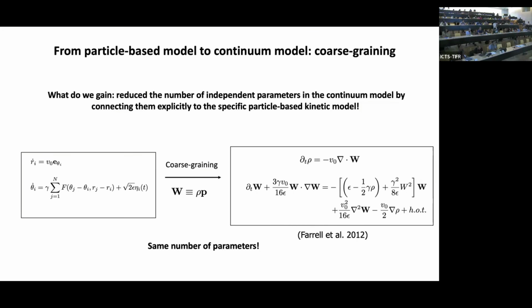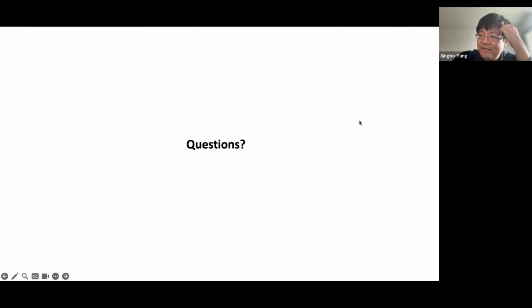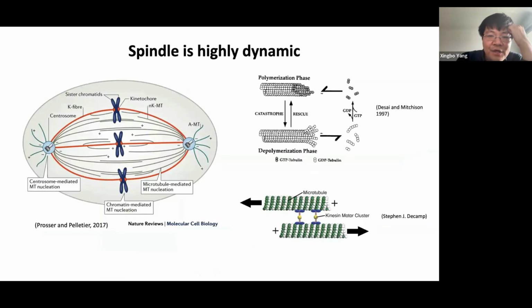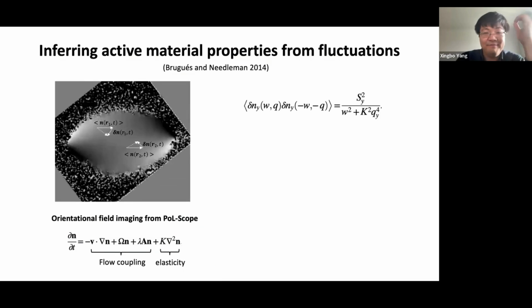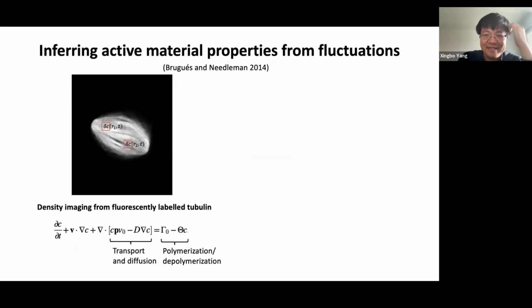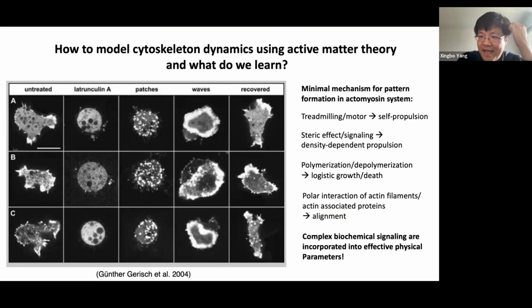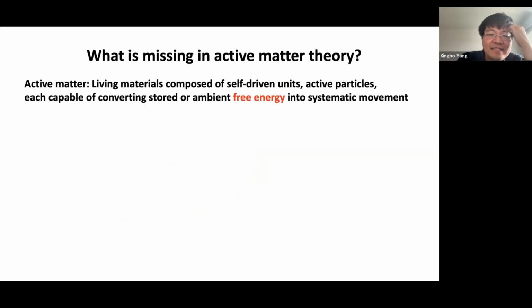Okay, good. Because of the constraint of time, since I only have 4 minutes now, I want to very briefly make contact with the theme of this winter school, which is energetics. So far you haven't heard me talking about actual energetics. Active matter systems, by definition, are living materials composed of self-driven units, active particles, each capable of converting stored or ambient free energy into systematic motion.